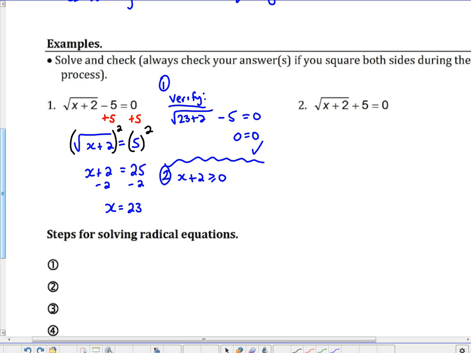Isolating x, we subtract 2, and we get x has to be greater than or equal to negative 2. So what did we get for x? 23. Is 23 greater than or equal to negative 2? Yes. That's the other way we can verify: checking whether it fits within my restriction.